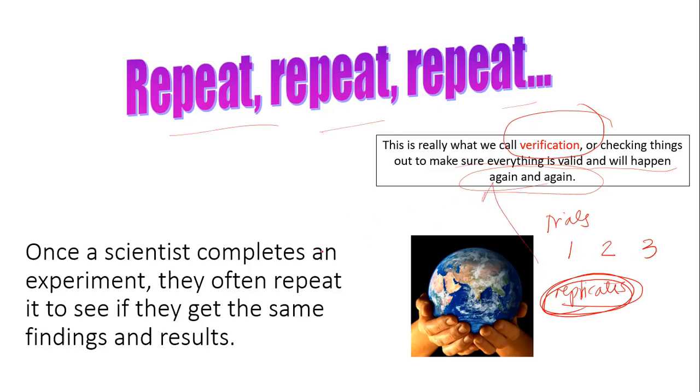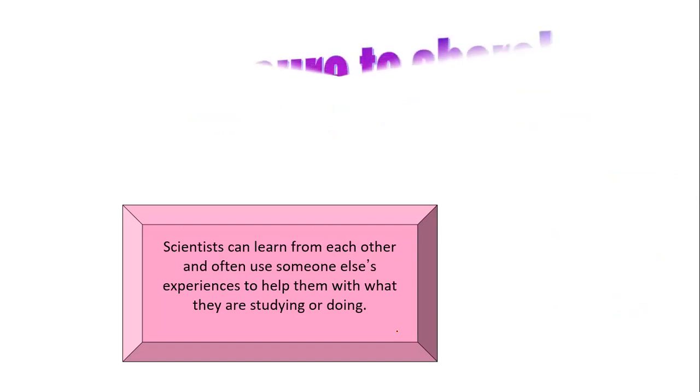So once a scientist completes an experiment, they often repeat to see if they get the same findings or result. So again, the verification of the data could be optional, considering that the materials and variables used in the study may be expensive.